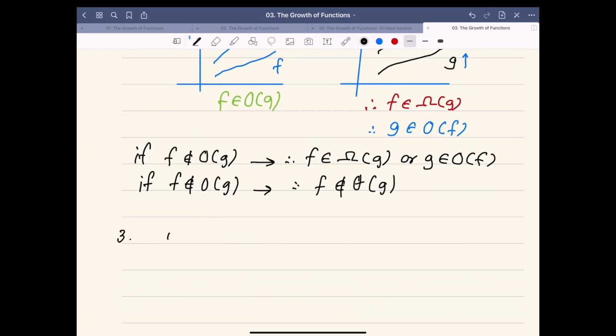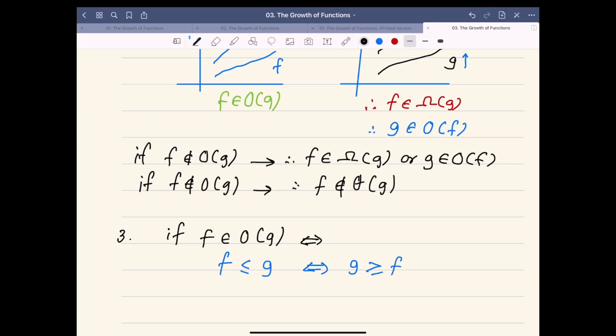The third remark we can write as follows. Suppose you are given that f belongs to big O of g. As functions, this is equivalent to f less than or equal to g. Now we rewrite this inequality, instead of less than or equal to, as greater than or equal to: g greater than or equal to f.